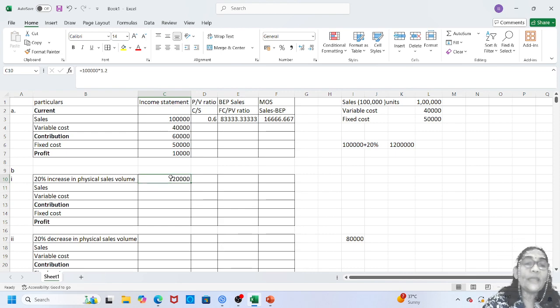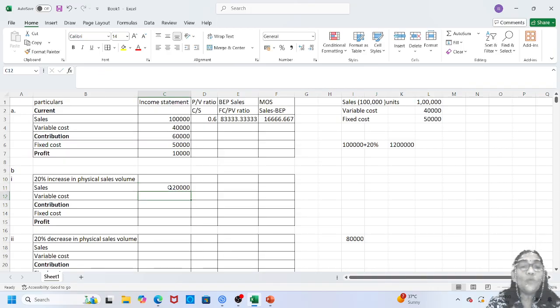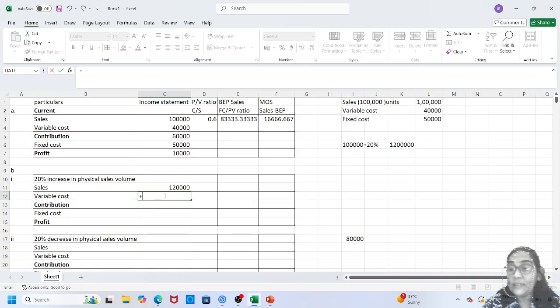Now here you can see that there is an increase in the volume as well as the sales by 20% because you have increased the quantity by 20%. Now if the quantity increases, naturally the variable cost, which is directly in proportion with the units sold or manufactured, will also increase by 20%.